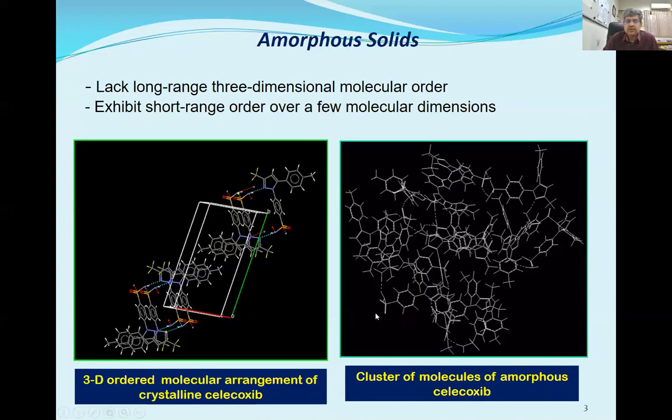And this would be true for all other amorphous systems as well. Most of the APIs that exist in the crystalline form can also be converted to their amorphous form, and the generation of the amorphous form would mean that the molecular arrangement which was there in the crystalline form no longer exists in the amorphous form.